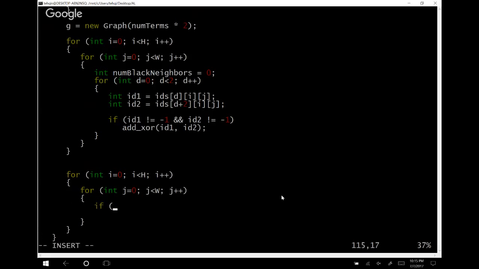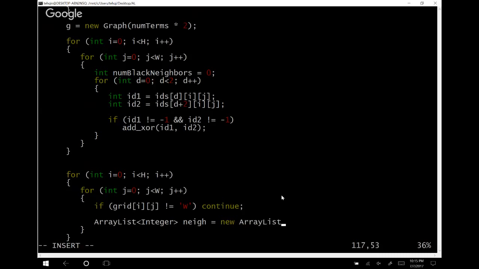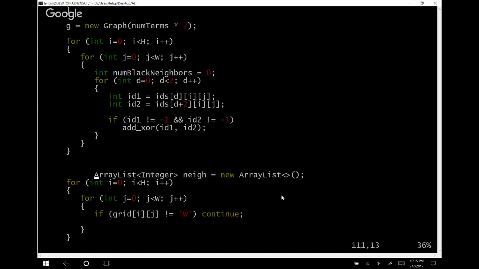Because remember, if it's a white cell, it has issues. Instead of creating this each time, I'll just make it once and then clear it.